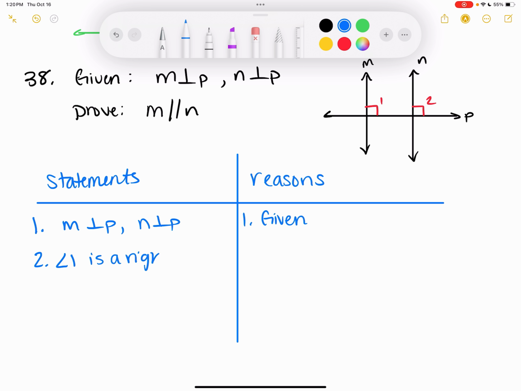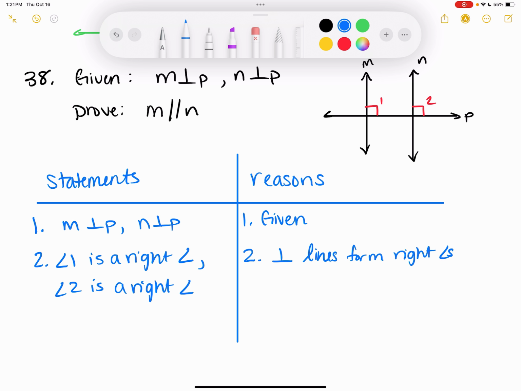And if I wanted to, I could just then put angle 2 as a right angle. Or I could have that as step 2 and step 3 there. It doesn't matter. And that's because perpendicular lines form right angles. And that symbol is basically telling us that those are perpendicular lines.